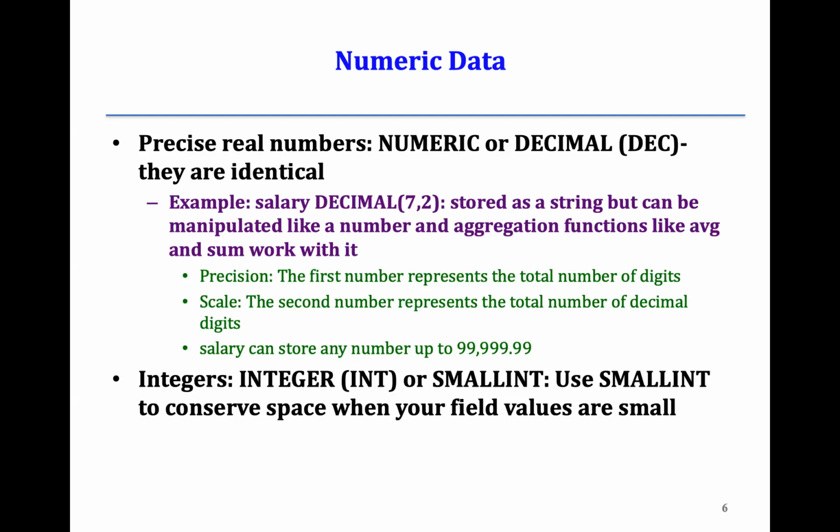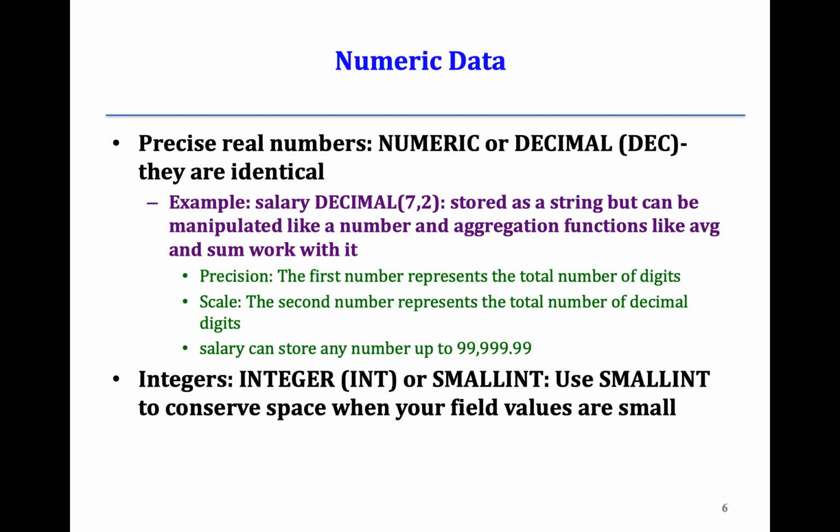So there are certain things that you may want stored precisely, and numeric or decimal gives you the ability to do that. You specify the total number of digits and the digits after the decimal point. And they're stored as strings, but they can be manipulated like numbers.